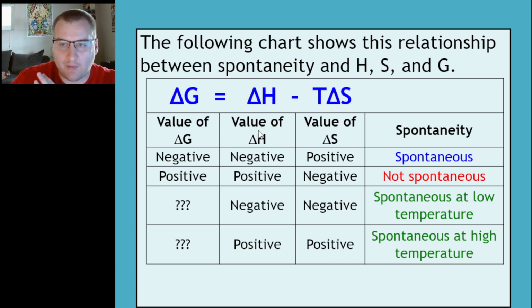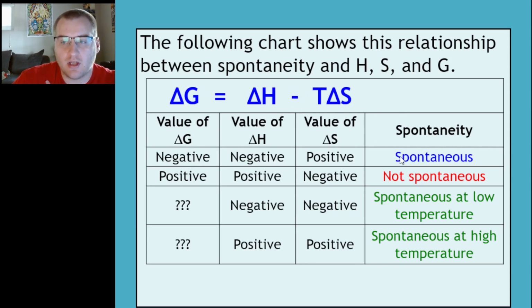So what I mean by that, we have the value of delta H. If it's a negative enthalpy, which means it's an exothermic reaction, and if S is positive, meaning entropy increases, that means the reaction is always spontaneous. So if you have a negative number for H and a positive number for S, your G will always be negative because of how the signs work.